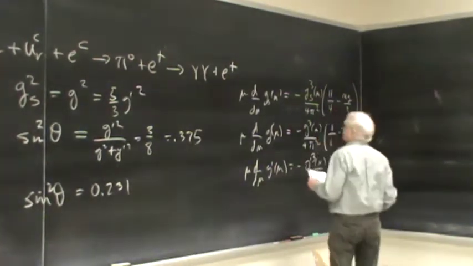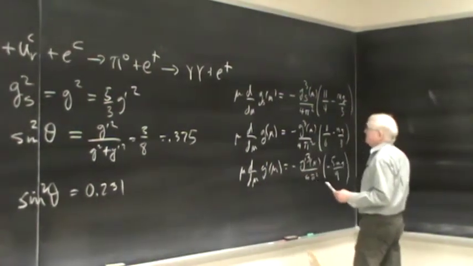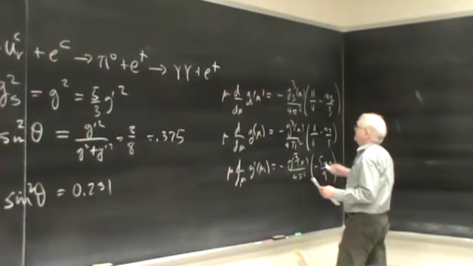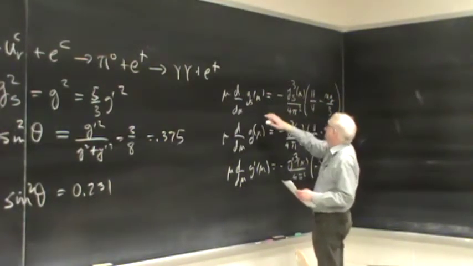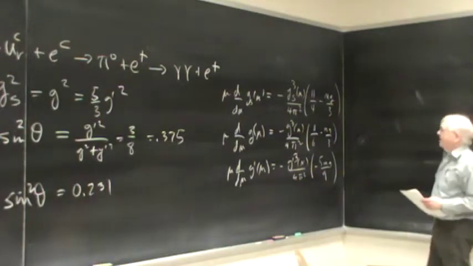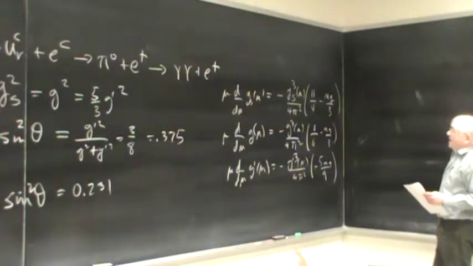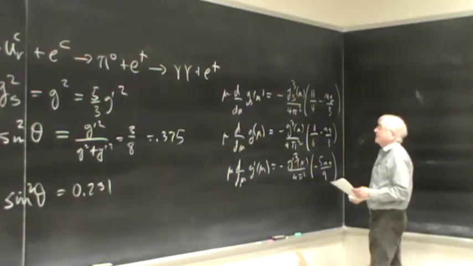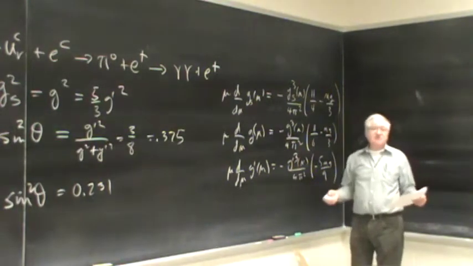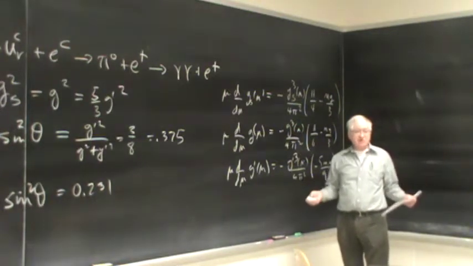If you integrate these equations, you get dg over g cubed equals d mu over mu, and dg over g cubed integrates to 1 over g squared.